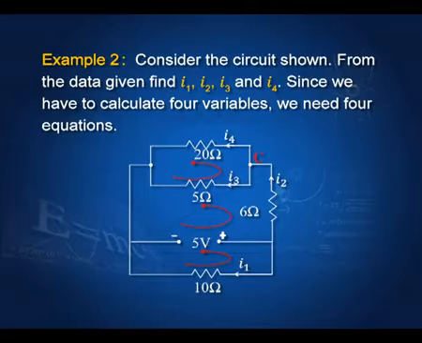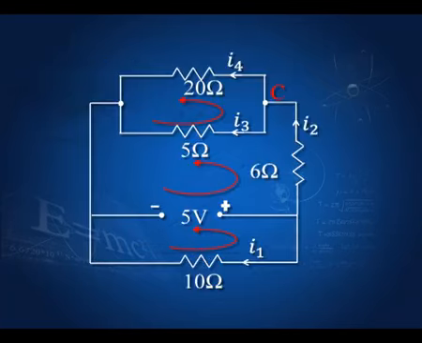Again consider this circuit. As I said, we can use our discretion. In this case, I have taken all the 3 loops in the anticlockwise direction. So, the data is given, this is 20 ohms, this is 5 ohms, this is I4, I3, I2, I1 and like that, and this is 10 ohms, this is 5 volts, the data is given.